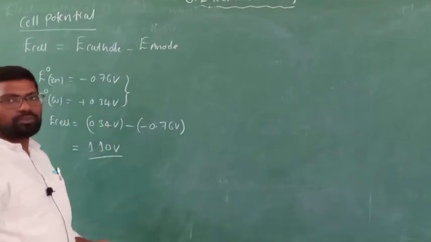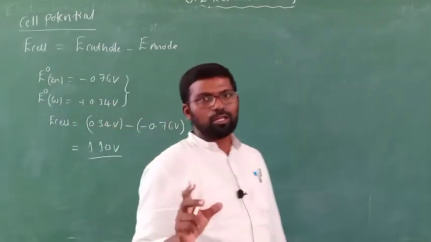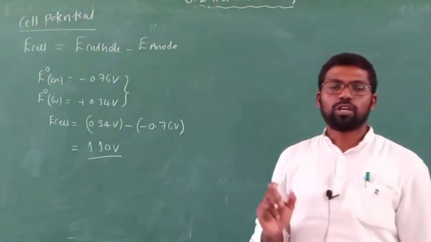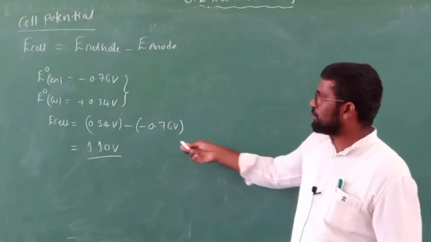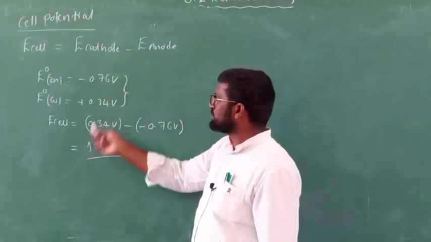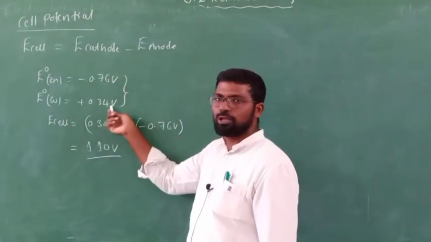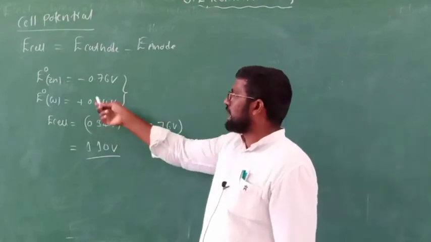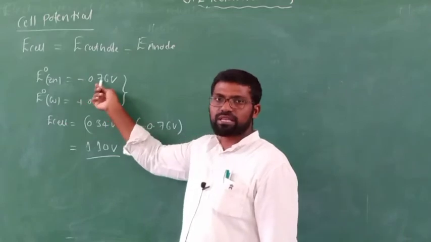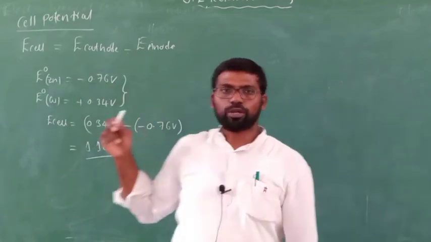It's very simple. The one which is higher in value is the cathodic potential, the one which is lower in value is the anodic potential. For example, among the given two values, copper has the higher value, plus 0.34, so it is the cathodic potential, and this one has minus 0.76 volts, so it is the anodic potential.